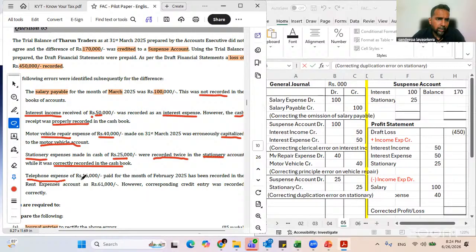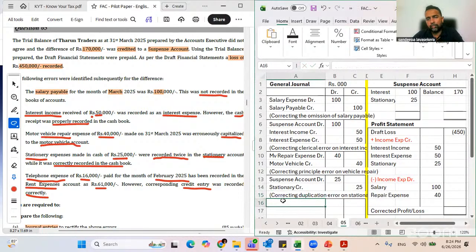Telephone expense of 16 paid for the month of February has been recorded in the rent expense account as 61. However, the credit entry was correctly recorded. Okay. Telephone 16 has been recorded in the rent as 61.